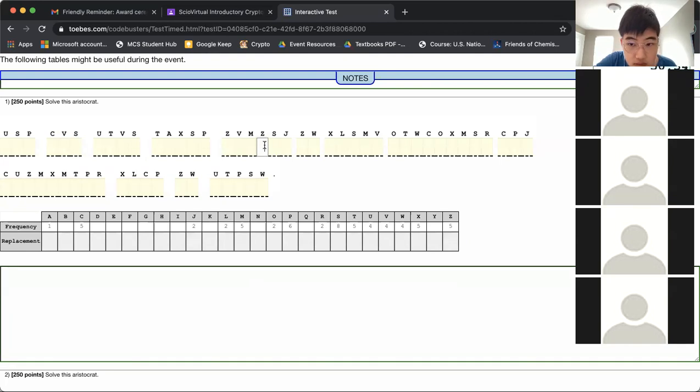Hold on. I honestly can't tell. Yeah, you know what? I'm gonna put it in because I honestly can't tell what it is right now. And we can always go over our mistakes later if it happens to be a mistake.